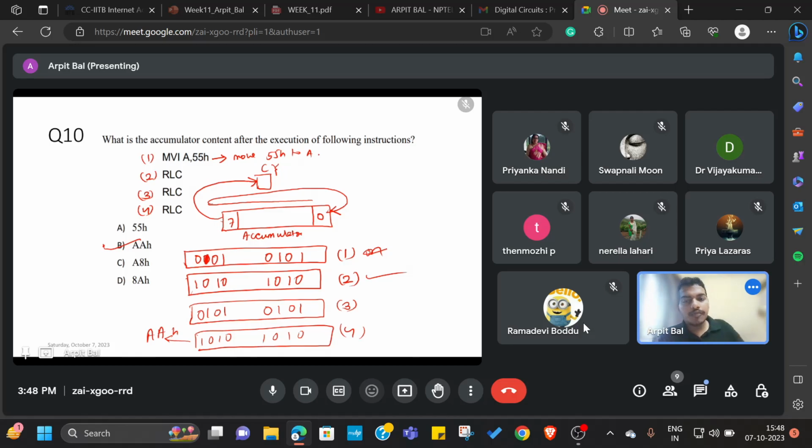After the one that is present here, again comes the 0. And the second thing is the RLC instruction. If there is a repeating structure, it is going to generate that pattern after every even count. Here we observe there is an odd number of counts.